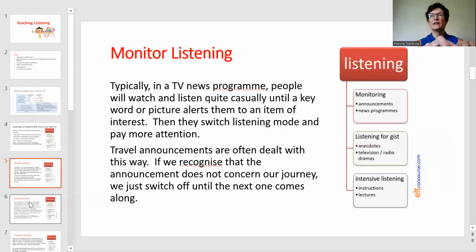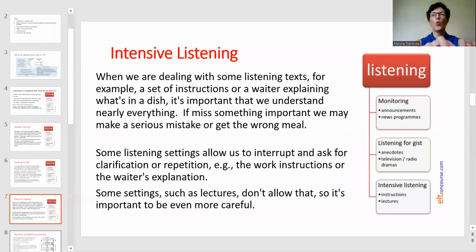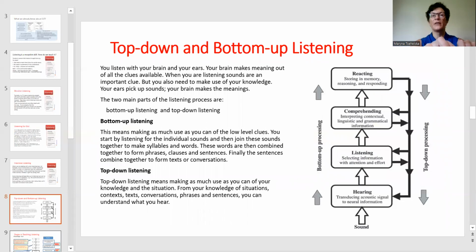We can listen to understand the whole idea of the text, it's listening for gist. Or we can listen to understand every single word, so it's listening for detail or intensive listening.